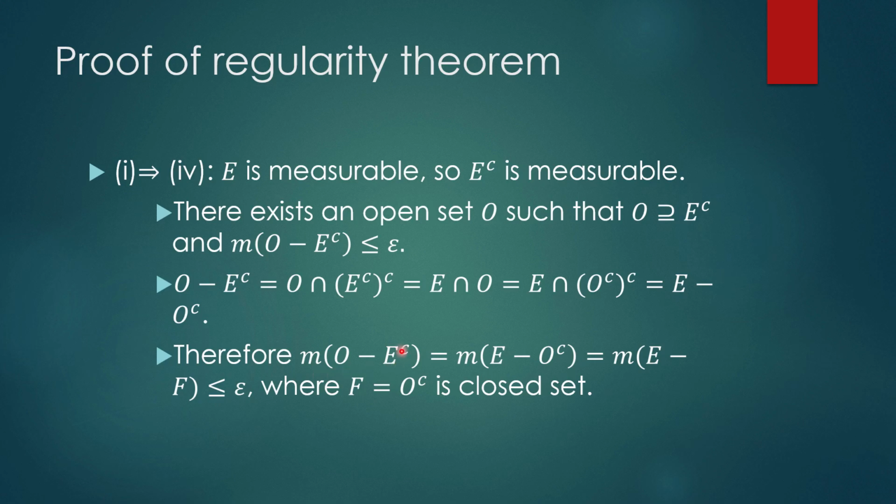Because E is measurable, E^c is measurable, and the open set O is measurable, O difference E^c is measurable. Therefore you can drop the star. M of O difference E^c is exactly equal to M of E difference O^c, and since this is equal to M of E difference F, it is less than or equal to epsilon, where F is equal to O^c.